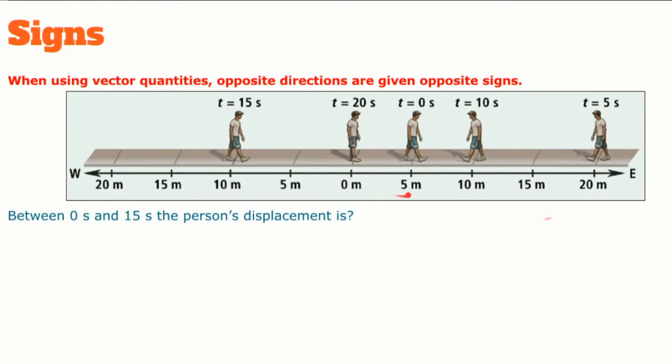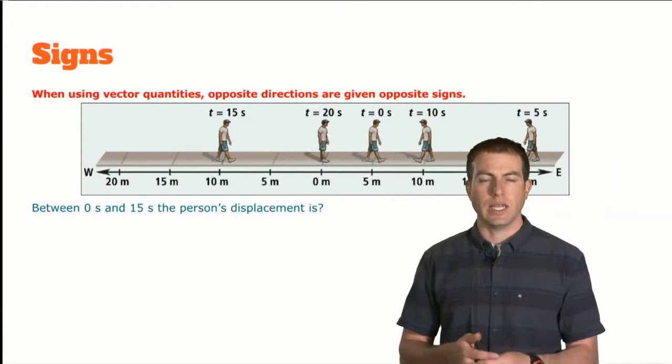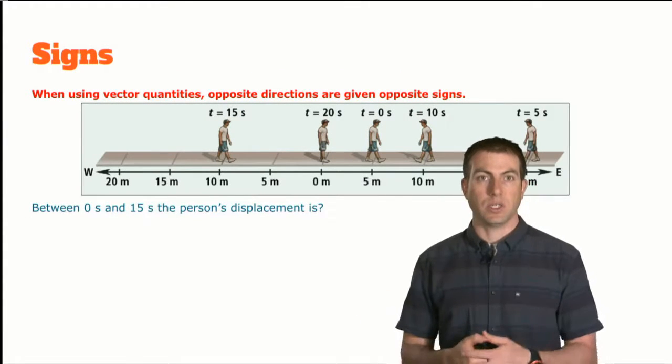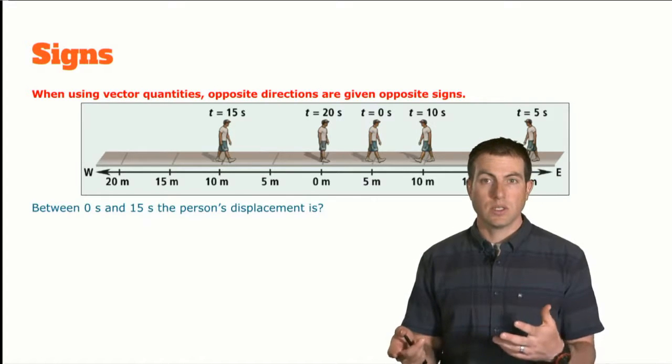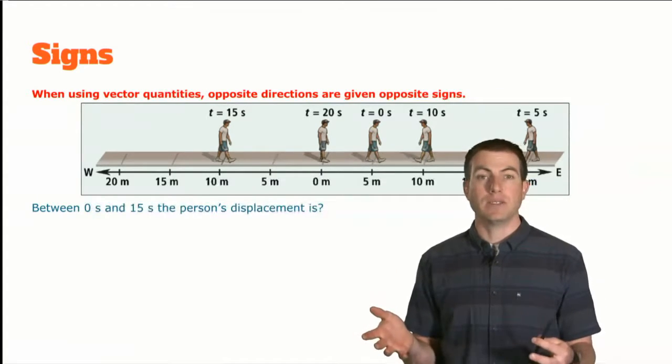So we could answer it 2 ways, and Alex, you're right. The person walked 15 meters to the west, or we could talk about signs. So we could give this a negative sign. I think Abby had mentioned something last day, and I said, well, there's 2 right answers. We could say it's 15 meters to the west, or we could say it's negative 15 meters. They both mean the same thing.